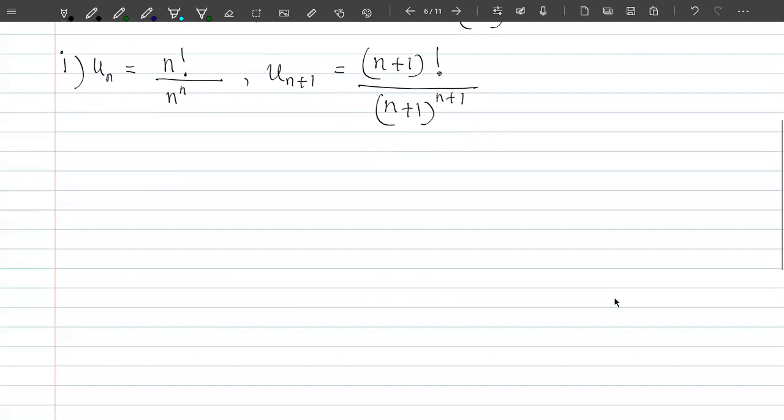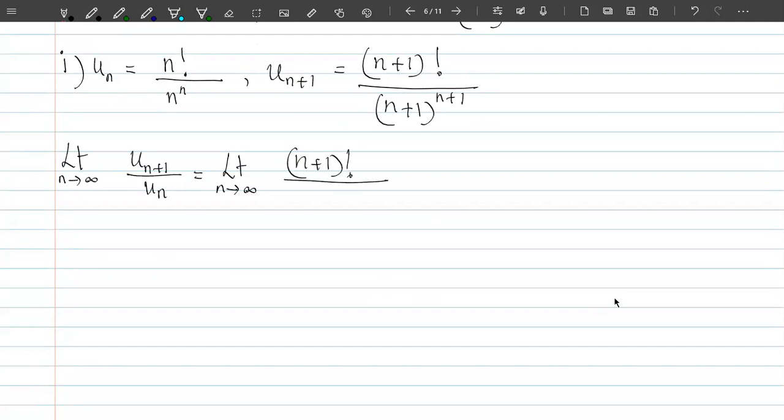So now by the ratio test, we calculate limit n tends to infinity un+1 divided by un, which equals limit n tending to infinity (n+1)! divided by (n+1)^(n+1), multiplied with n^n divided by n!.